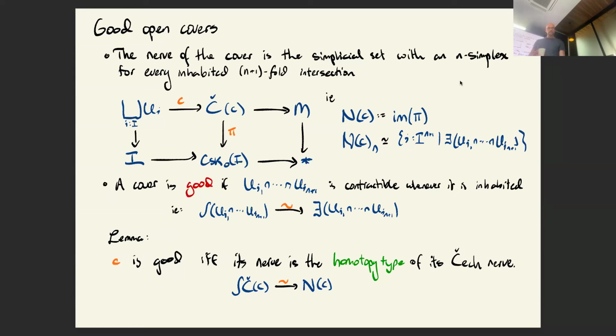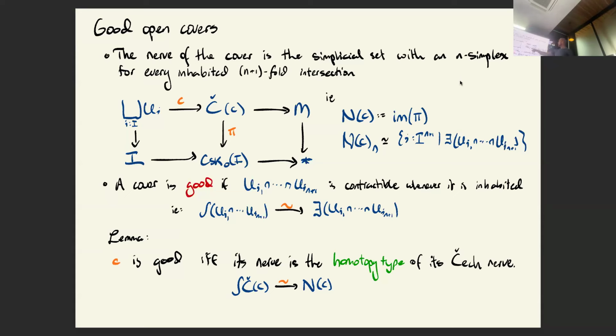Right? So we can then prove a little lemma that sort of externalizes this. This is expressed for each (n+1)-fold intersection. But we can also say that C is good if and only if the homotopy type of the Čech nerve is equal to the image. Right? Why? Well, basically, we've said that we could replace shape here with exists.